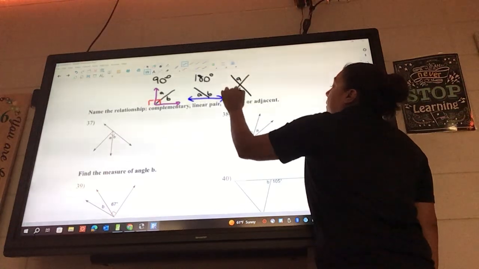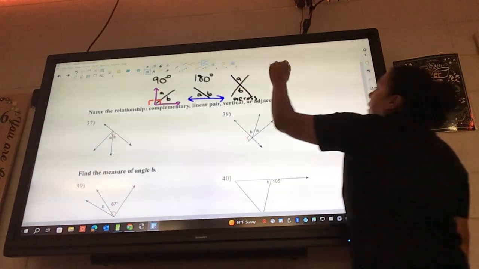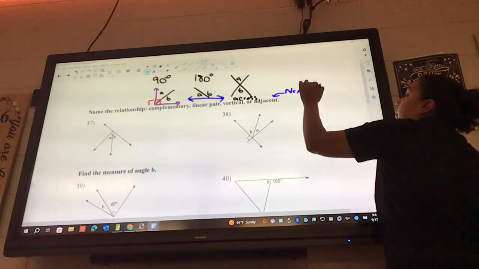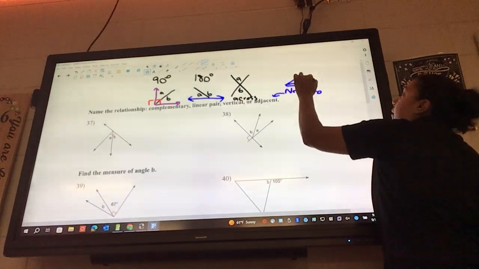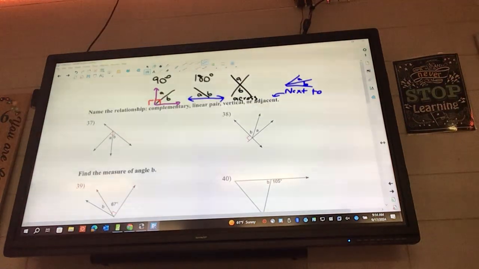So A and B, they're across. And then lastly, adjacent are next to each other. Okay, so it can look like this, A and B. Okay, and so those you'll need for all of the rest essentially, okay?